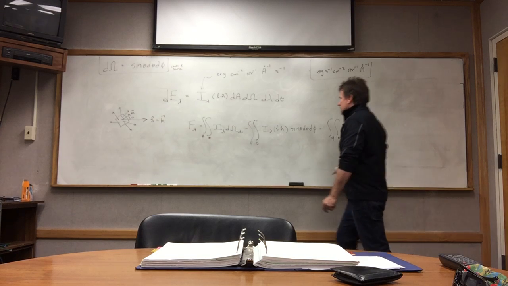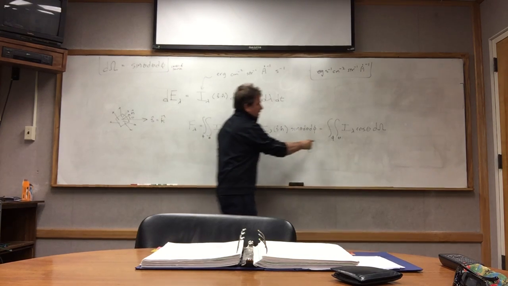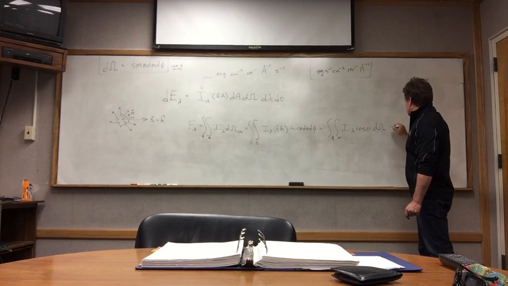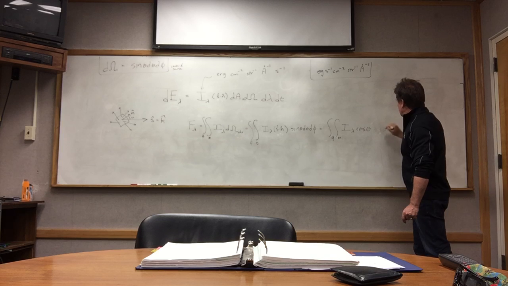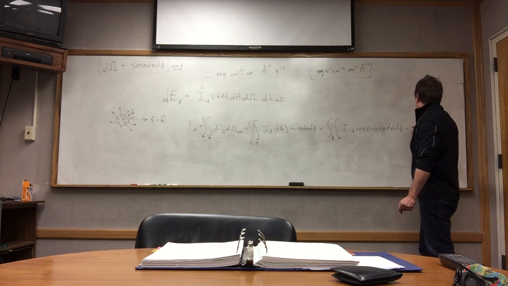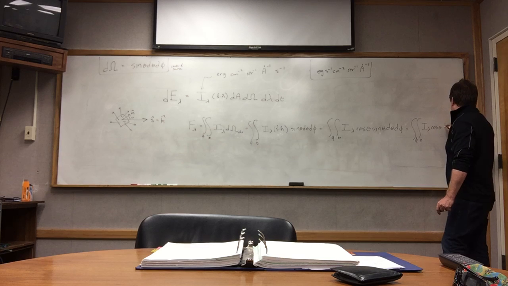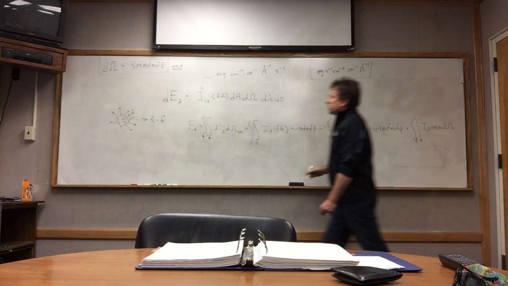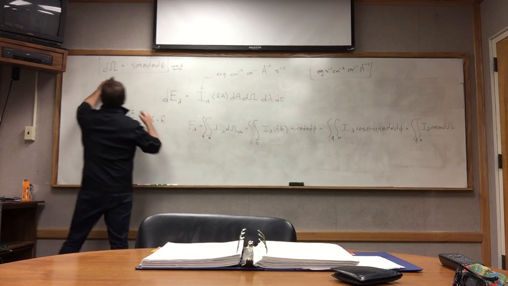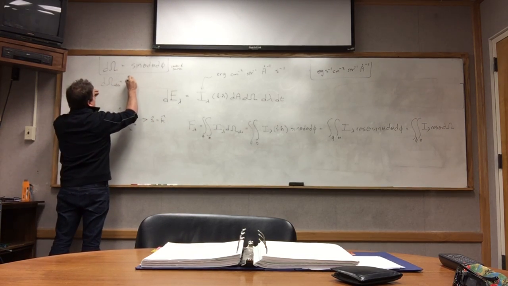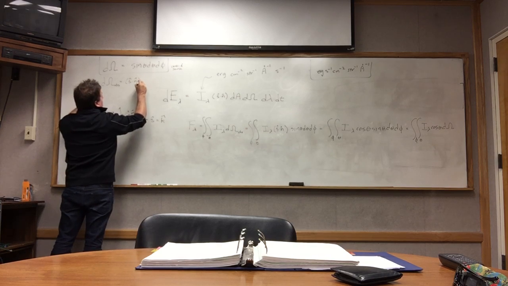Okay, so this was d omega observed, but this would be the d omega of the area element itself times the cosine theta. Or another way to do that is to say, because remember what I've done is I said this is d omega, but d omega observed is equal to s hat dot n hat times this d omega.